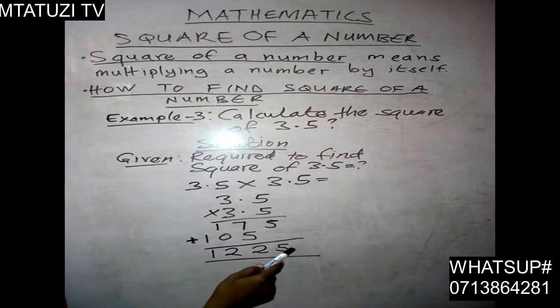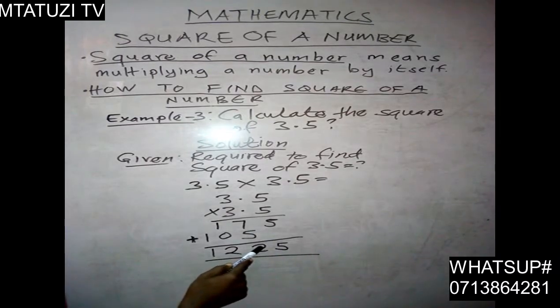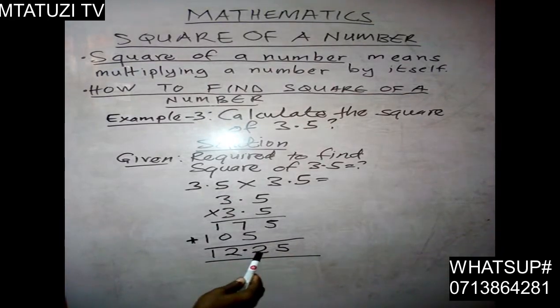So start here from this 5. This is 1 decimal place, 2. So the decimal point will stay here. So now your answer will be 12 decimal 25.